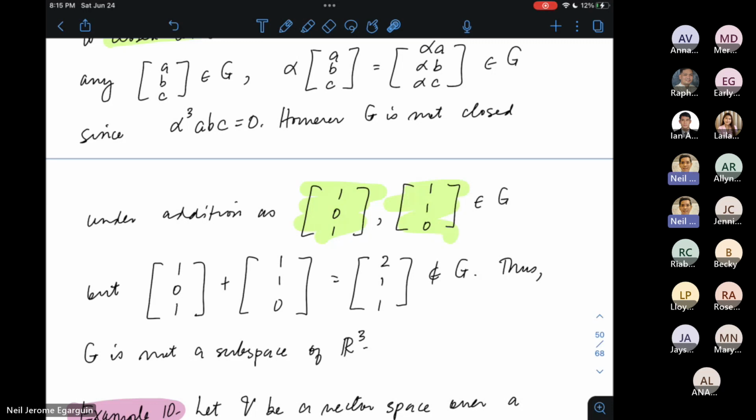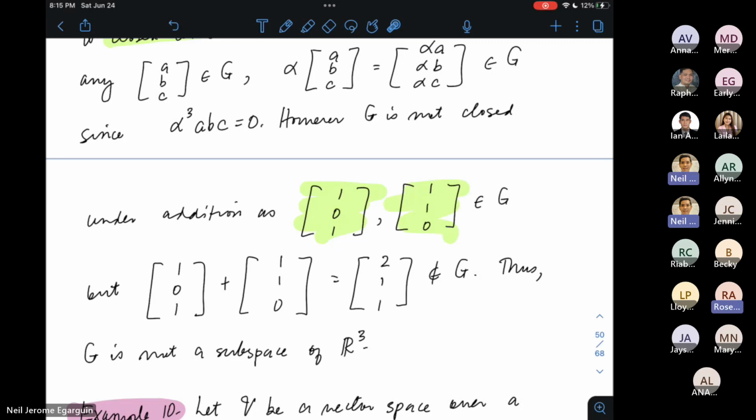Alright? So wag nyo nang ubusin yung oras nyo pag-prove nung mga bagay na yon, nung properties 1 to 7 ng definition number 3, kung hindi naman talaga closed under vector addition or under scalar multiplication yung subset. All right? Is that good?